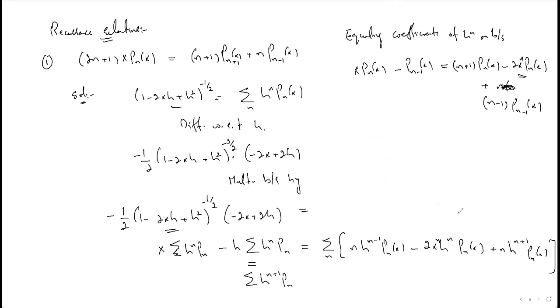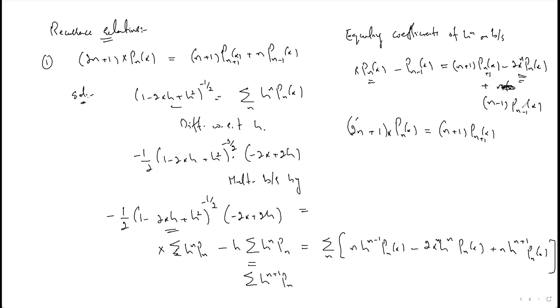I will take this term to the left hand side. So when I take this to the left hand side, this will be 2n plus 1 into x, this term and this term, pn of x, right, will be equal to the n plus 1 term, n plus 1 pn plus 1 of x, and pn minus 1 has two terms.